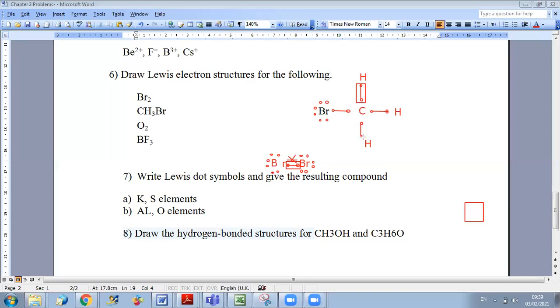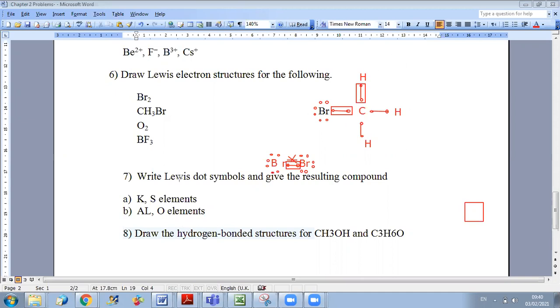So I have 4 bonds for C, so it's 4 times 2, 8. So C has 8 electrons on its outer orbit, so it's in the equilibrium state. And for Br also, it's 1, 2, 3, 4, 5, 6, and I count these 2, it's 8. So Br is fine too. Okay, so this is the Lewis electron structure of the molecule.